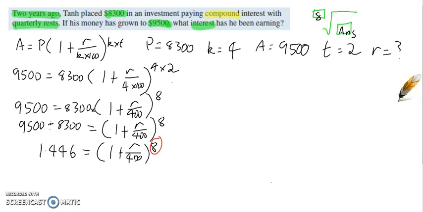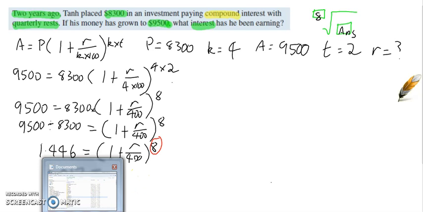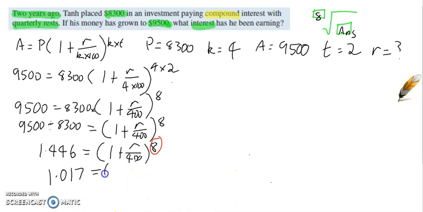So we put 8 in the little box, and we go to the bottom box and hit the answer button. Then we hit equals. And hopefully, if you've typed that in all correctly, you should have 1.017 equals 1 plus r over 400. Sorry, you don't need the brackets anymore.